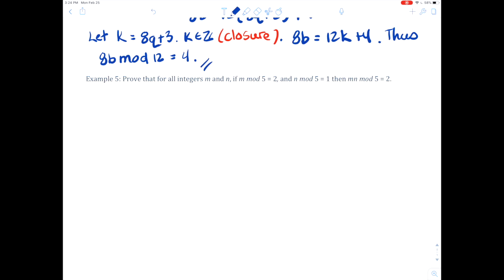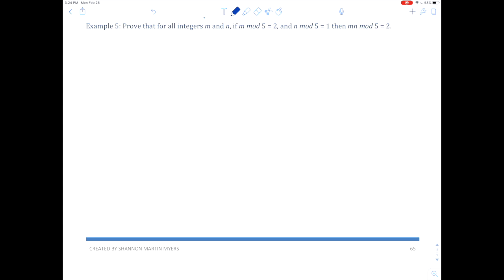Prove for all integers m and n, if m mod 5 is 2 and n mod 5 is 1, then m times n mod 5 is 2. Okay, kind of similar, except you've got two different mods going on and you want to know the product. So, proof. Well, we got to lay everything out, right?